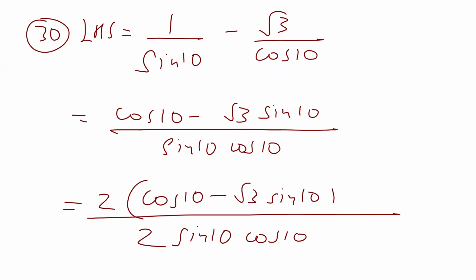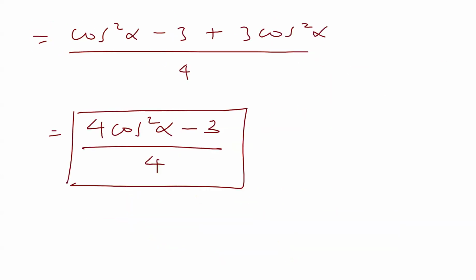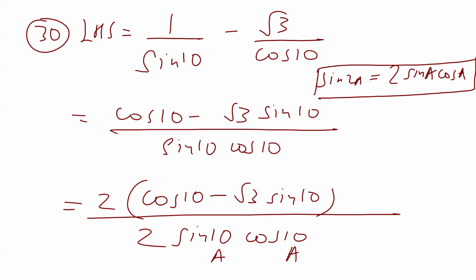Now the purpose of multiplying the denominator with 2 was that I can apply the 2 sin A cos A formula. 2 sin A cos A is equal to sin 2A. See this, 2 sin A cos A is sin 2A.